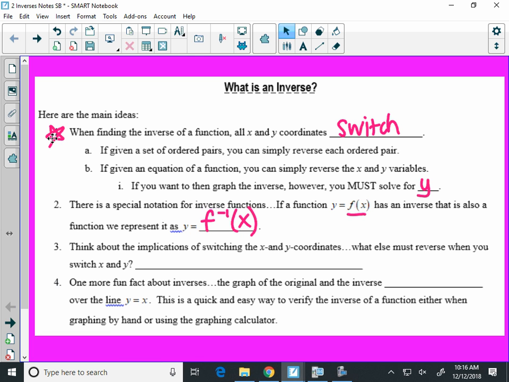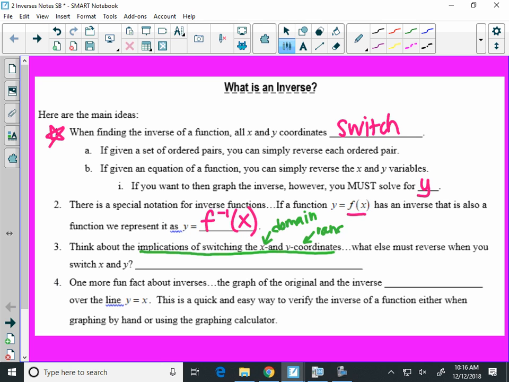Now, what's the implication of switching the x and y coordinates? Remember, the x's are what we call the domain, and the y's are what we call the range of a function. So if I switch the x's and y's to get the inverse, that means I also switch the domain and the range.